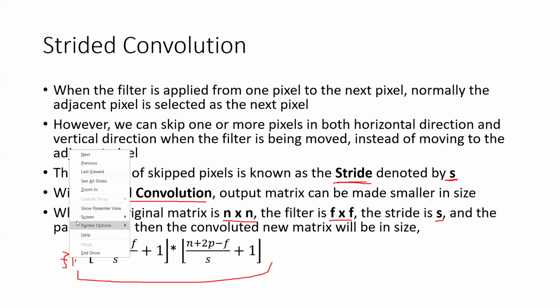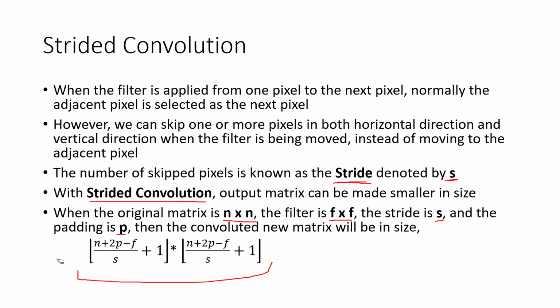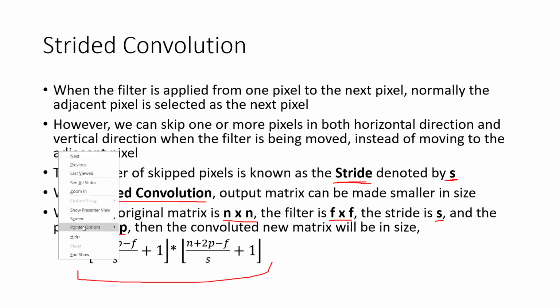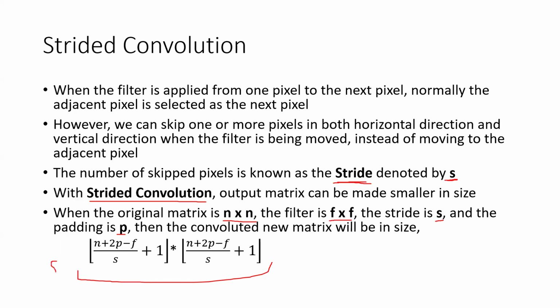So the floor of (n plus 2p minus f) divided by stride, plus 1. Floor value means that when you have a floating value which is not a full integer, you round it to the lower number.